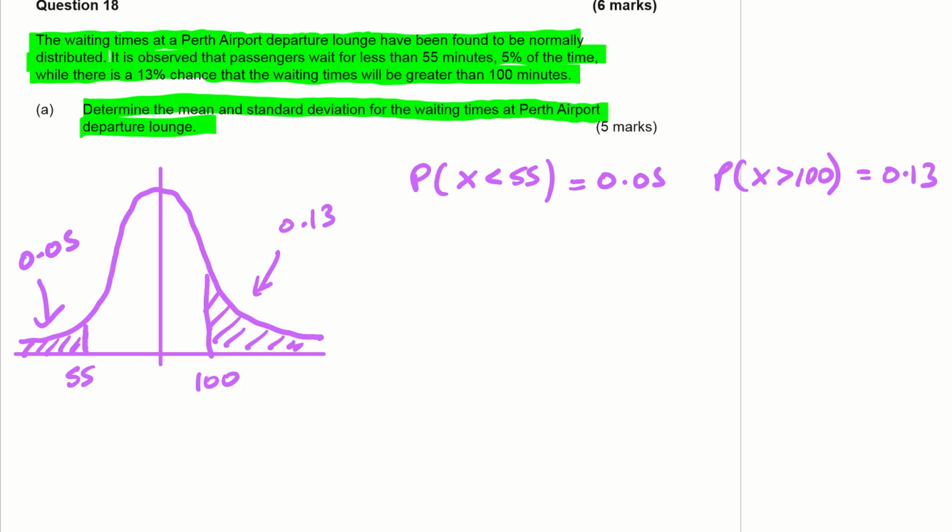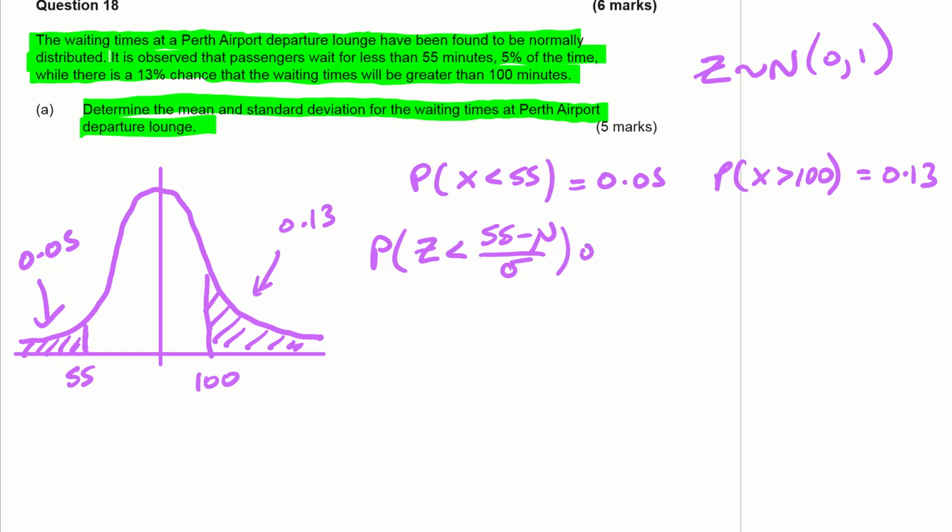Now, a good way to approach this is to standardize. Go to the standard normal 0, 1. So what we get then is z is less than (55 take away mu) over sigma being equal to 0.05, and the probability of z being more than (100 take away mu) over sigma is 0.13.